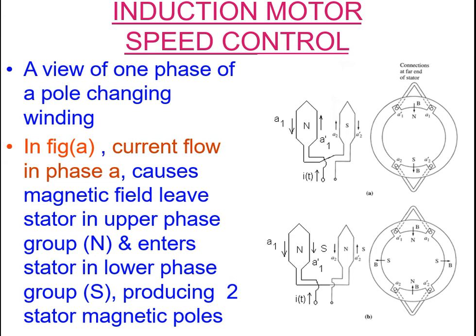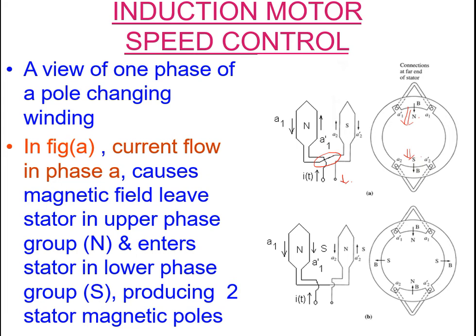There are two coils connected in this manner. Current flows through this terminal and leaves through this terminal, so it produces a magnetic field which leaves the upper part of the stator and enters the lower part of the stator, so that here it produces the north pole and here it produces the south pole.